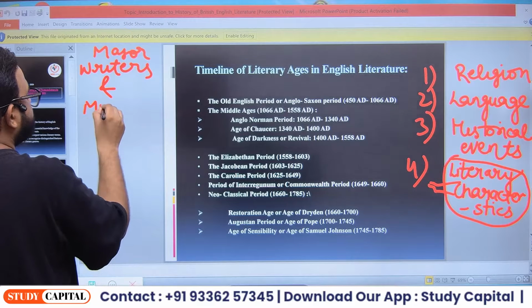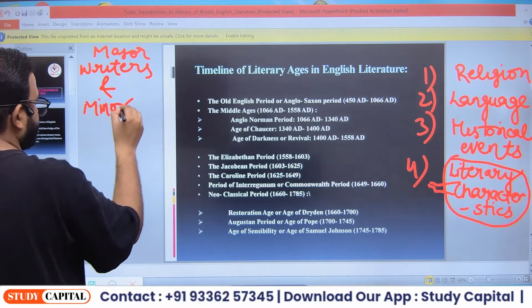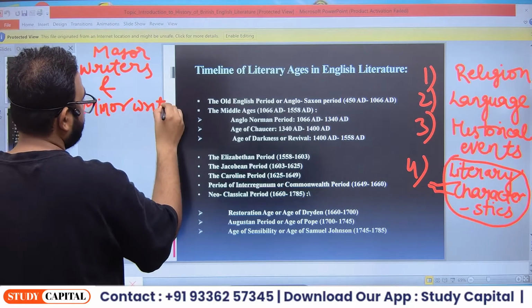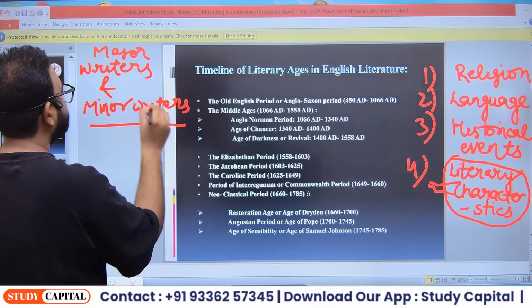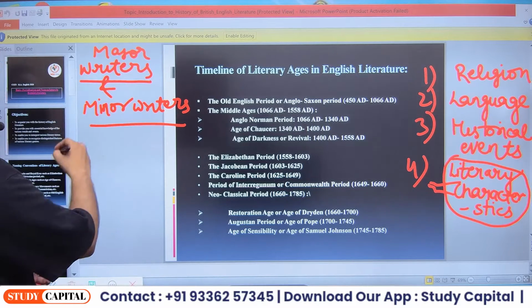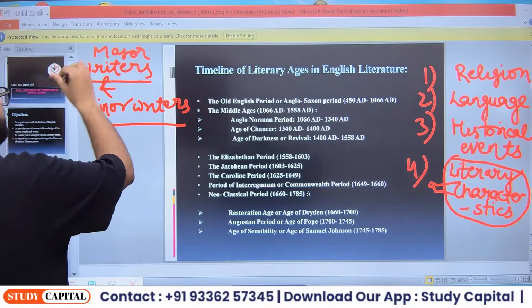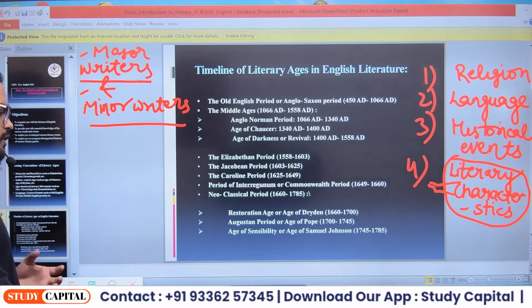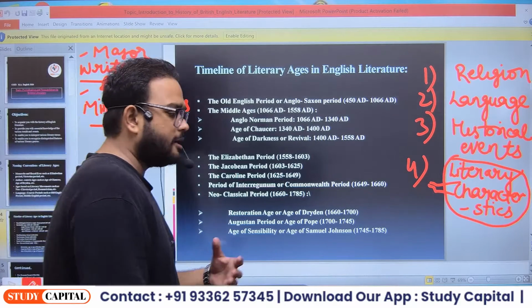So first, before entering into their works, you'll see their canon, how much they have written. If the canon is large and the texts are also important, they are part of the major writers. But if the canon is weak and the content is also less, then they are minor writers.